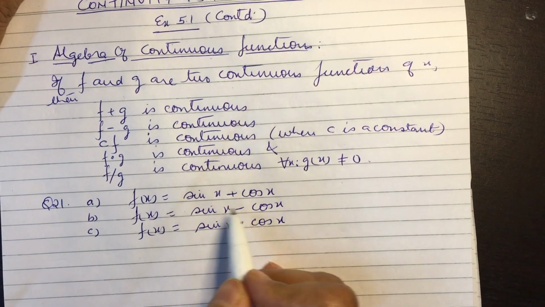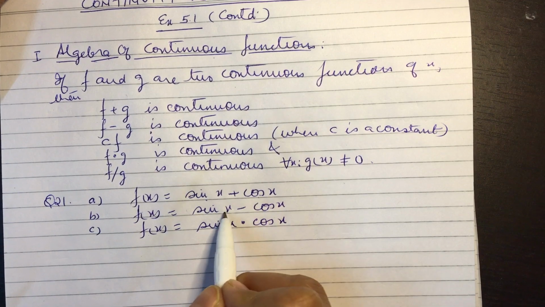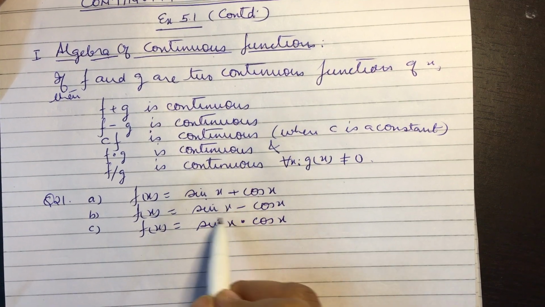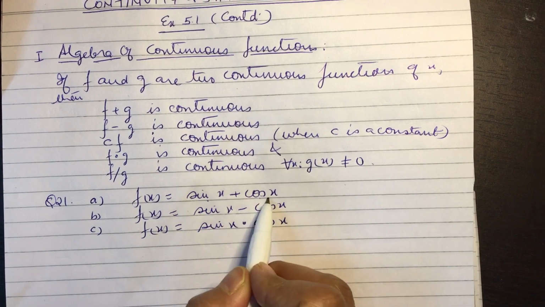We know from our previous knowledge that sin x and cos x are two functions whose limit always exists and is equal to the value of these functions.